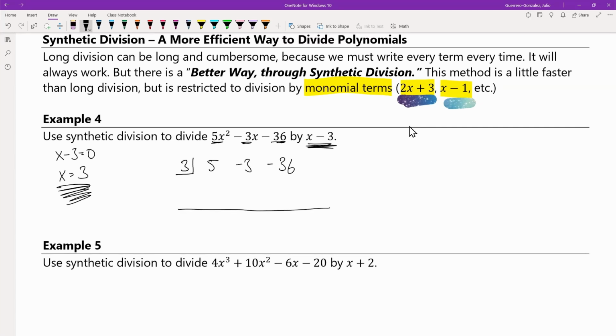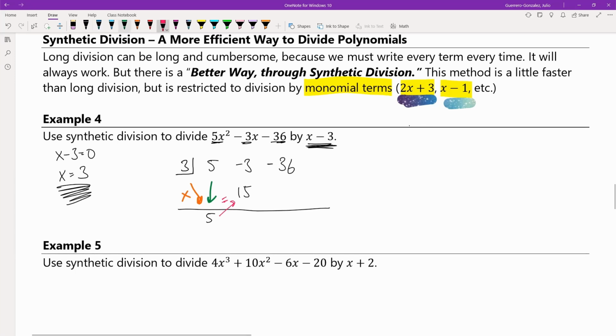Now automatically, the 5 drops. I'm going to multiply those two. So the 3 here times 5, that is going to be 15. That goes there. Hopefully you guys see that.